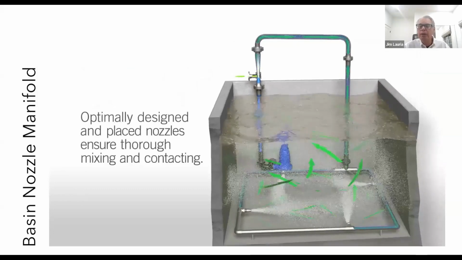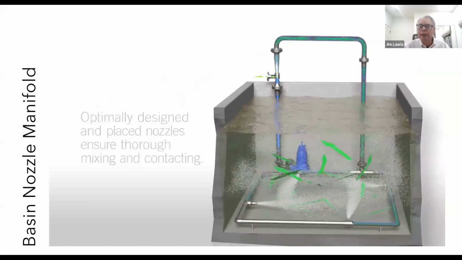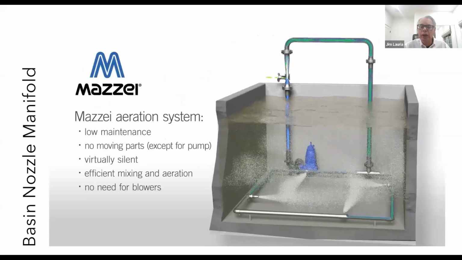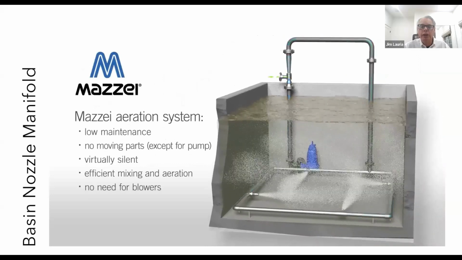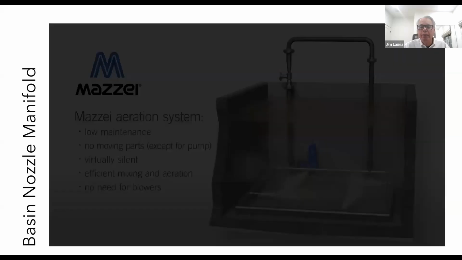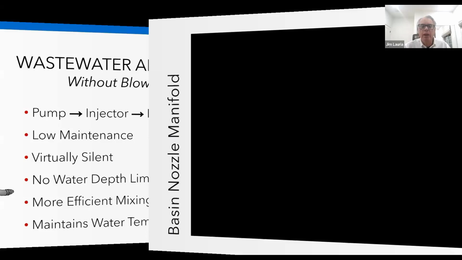And if you compare it to fine bubble diffusers, you don't get that mixing with the fine bubble diffusers. So a lot of times, the extra energy you use, the pumping energy, you can actually use it so that you're getting more mixing, and you can use a lower height of the basin as opposed to the base, the nozzles.